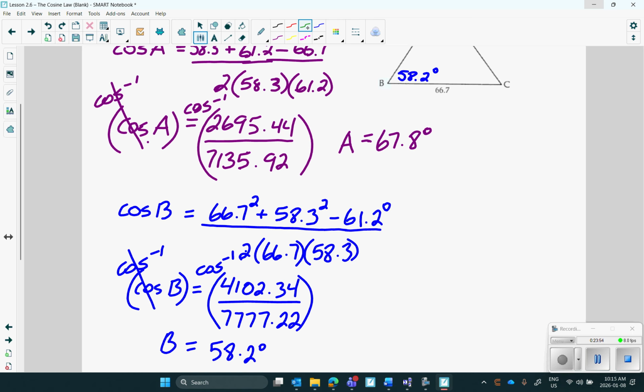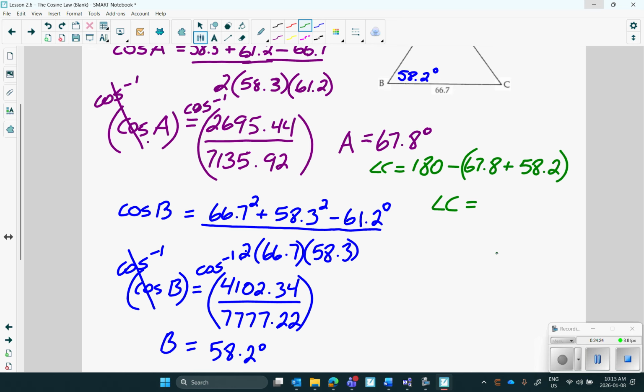And I mean, if you want to, you could do cosine law again on the third side, but a quicker way would be just add the 2 angles we just found together, 67.8 and 58.2, and subtract that from 180, which is going to tell us angle C. So that gives us what? 126.